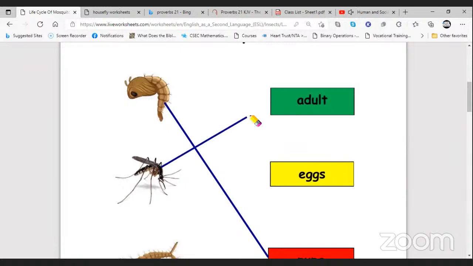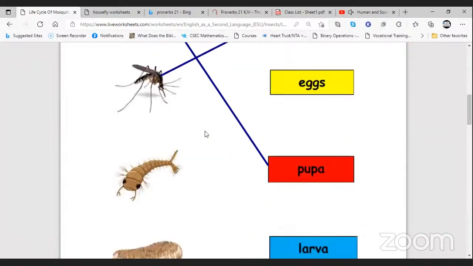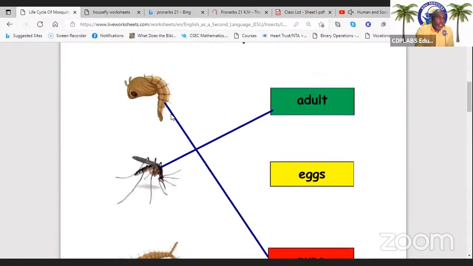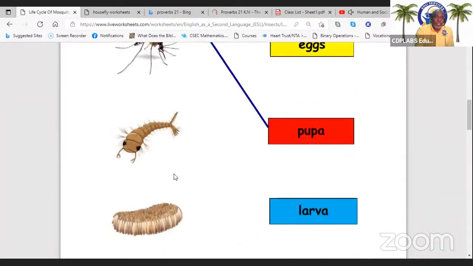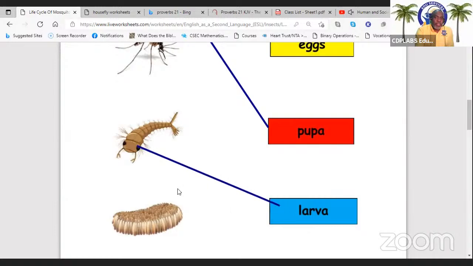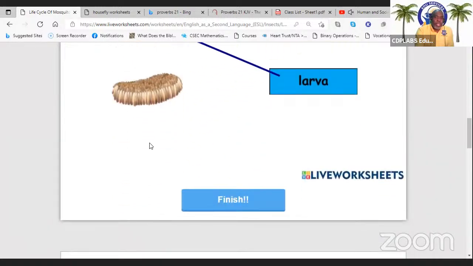Adults. What about this one? Adults, yes, that's correct. Okay, what about this one here? Larva. And then the egg.